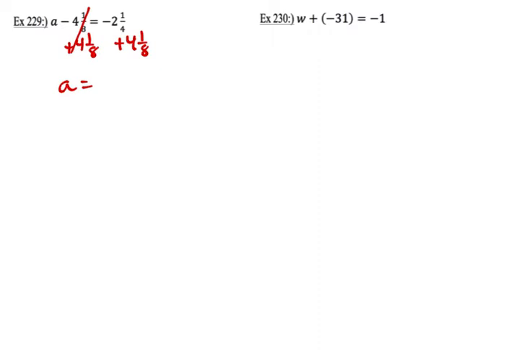I'm going to need to do 4 1/8, and I'm going to subtract from it 2 1/4. I need a common denominator here, so I'm going to change 1/4 into 2/8. And 1/8 minus 2/8 I can't do. I'm going to have to borrow.